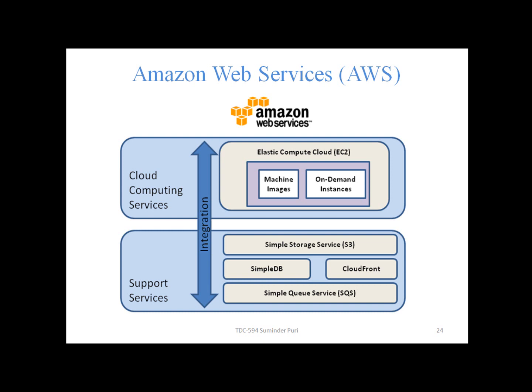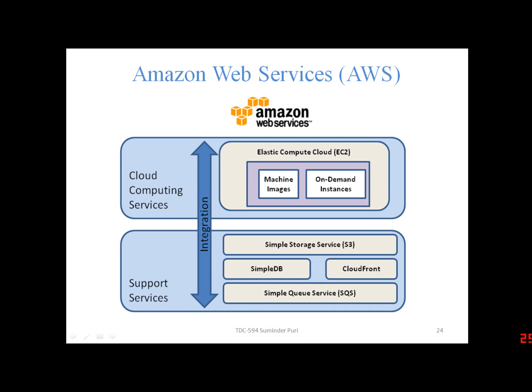This is what they provide with their efforts for security. Amazon basically provides two kinds of services: cloud computing services and support services, which include Amazon Simple Storage Service, Elastic Compute Cloud, SimpleDB, CloudFront, and Simple Queue Service. They also provide Amazon Flexible Payment Service and Amazon Mechanical Turk.